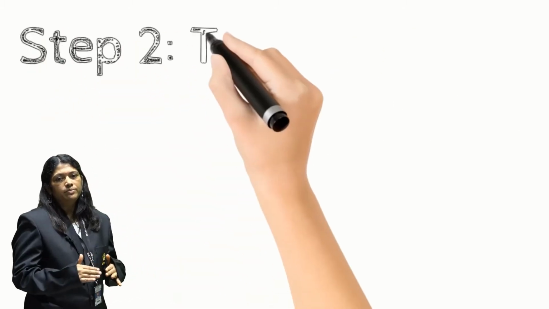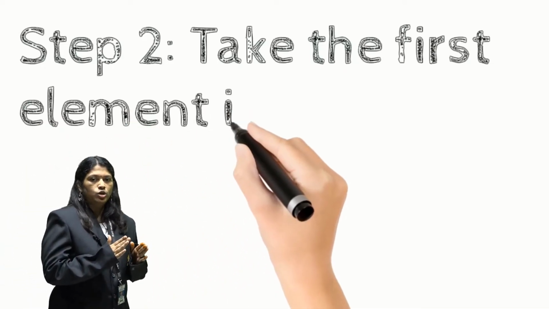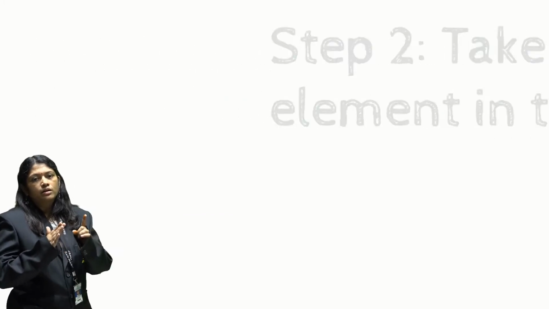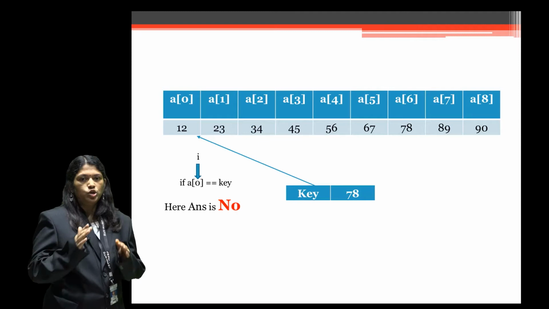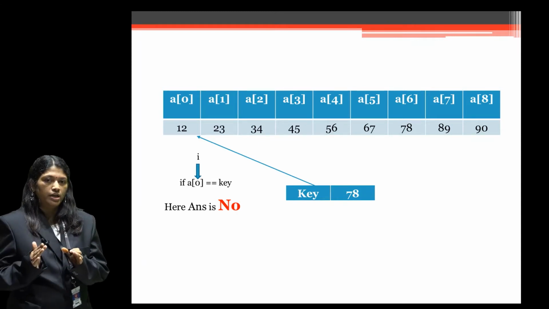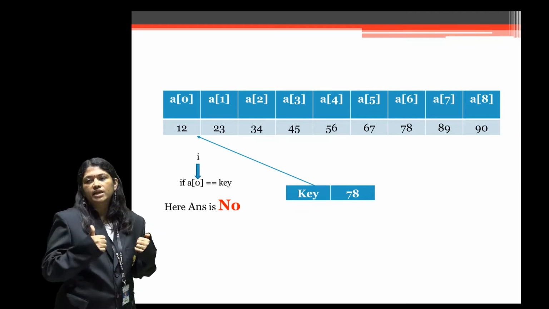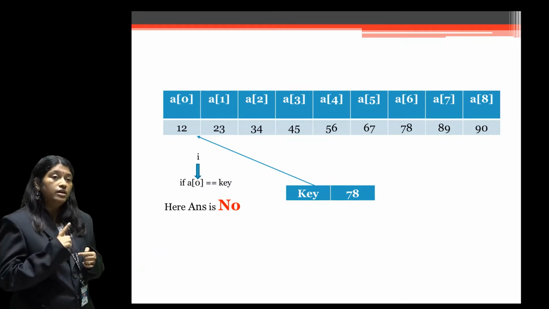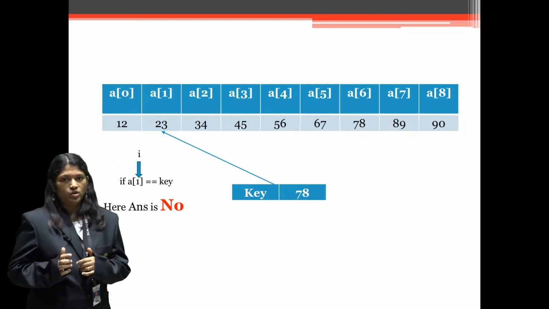In this step we check if A[0] is equal to key. Here A[0] is 12 and your key element is 78. So we compare 12 and 78, and the answer is no. So we go to the next location of your array.